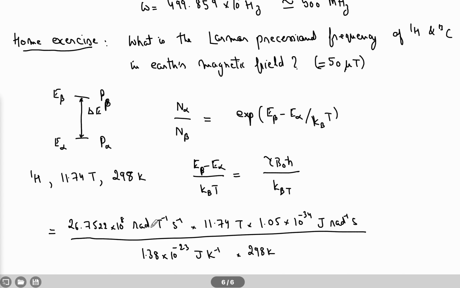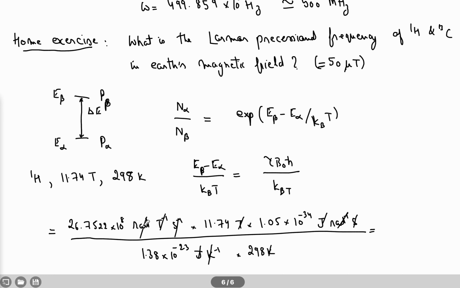So let us first see if the units are cancelling out, because this is supposed to be a unitless quantity. Kelvin goes with Kelvin, Joule goes away with Joule, then second inverse goes away with second, Tesla with Tesla, radian with inverse radian. Okay, so none of the units are pending.